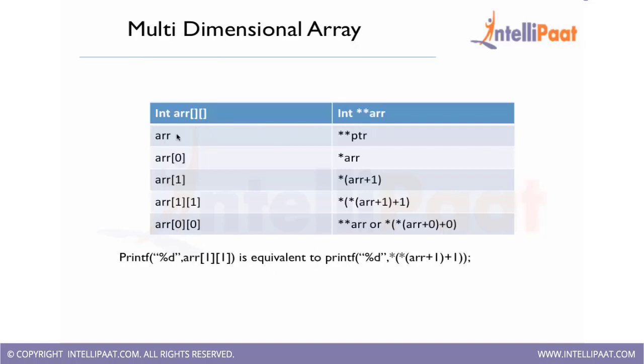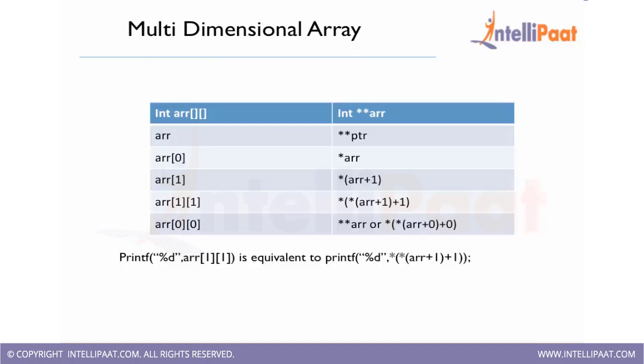Again, to explain it more precisely, suppose we have int arr, and this is how we declare the array. A two-dimensional array is a pointer to pointer, because it has a collection of single dimensional arrays. So it refers to a memory location which refers to another memory location.